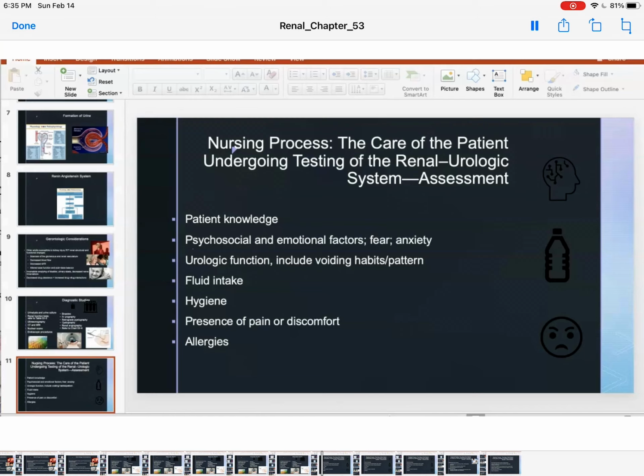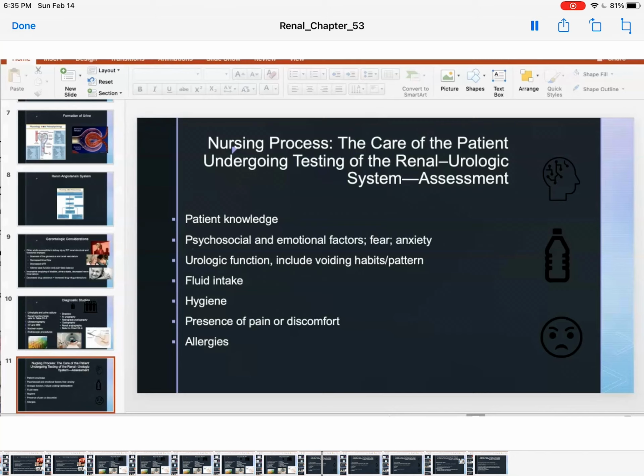So, patient knowledge. We have to make sure that they have an understanding of what's going on. Just explaining why they'll need the procedure, what to expect, and then psychosocial and emotional factors such as fear and anxiety.